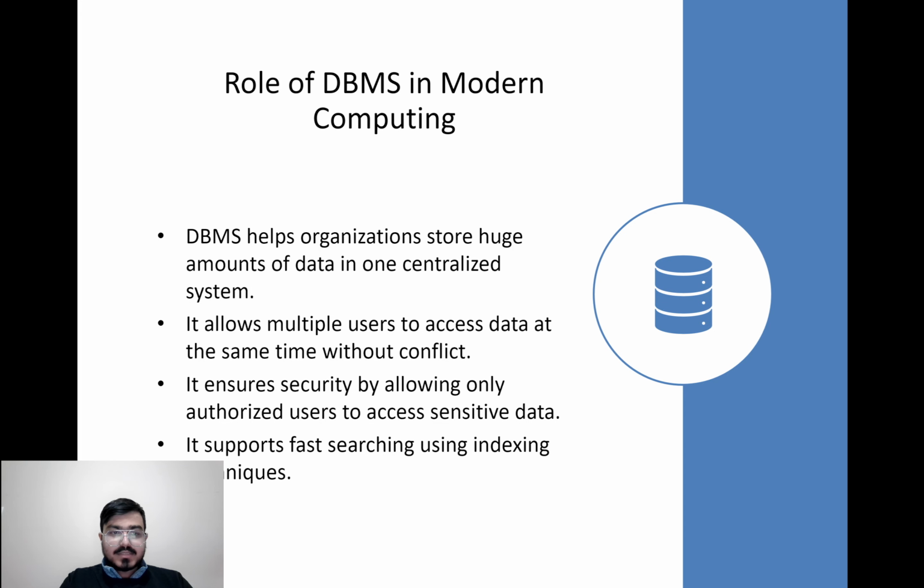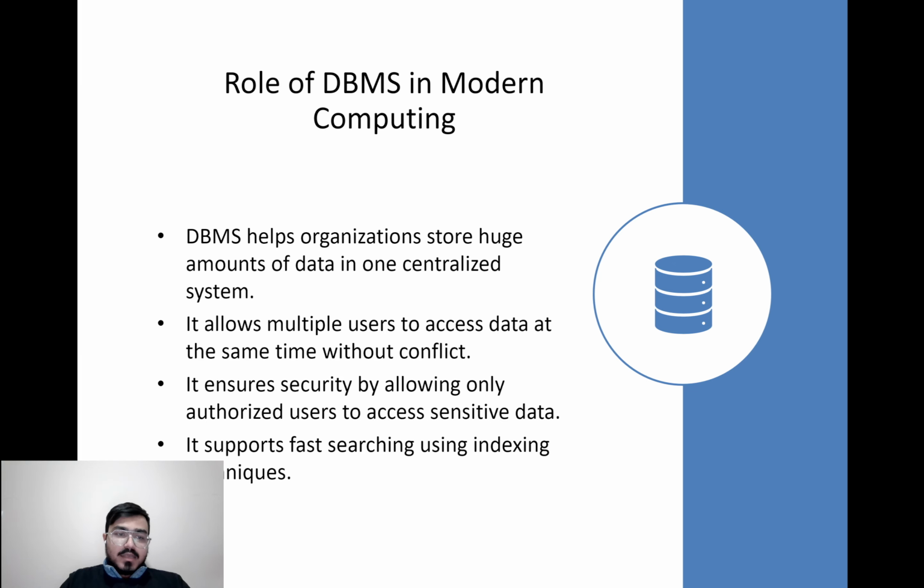So now let us understand the role of DBMS in modern computing. First, DBMS helps organizations store huge amounts of data in a centralized system. That means everything is stored in one controlled place. Second, it allows multiple users to access data at the same time without conflict. For example, in a university, different staff members can update student data at the same time safely.